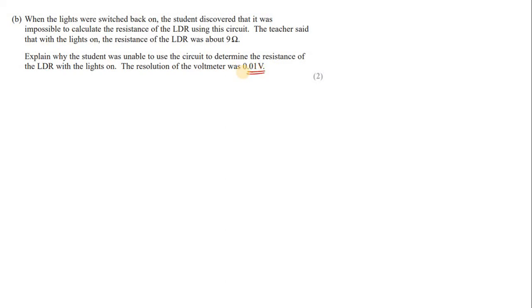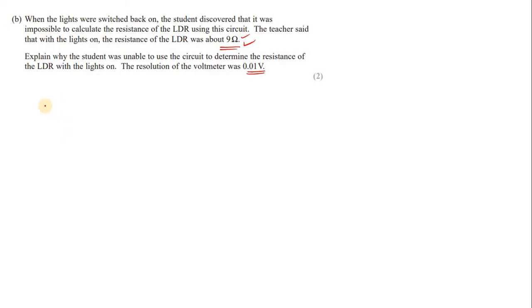So the idea is, because the resolution of the voltmeter is given, we find what is the voltage across each component when the light is turned on and the resistance of the LDR is 9 ohm. And then we compare whether this voltage can be measured with the help of the given voltmeter or circuit or not. So let's find the voltage across the resistor, which is V2, when the light is on.